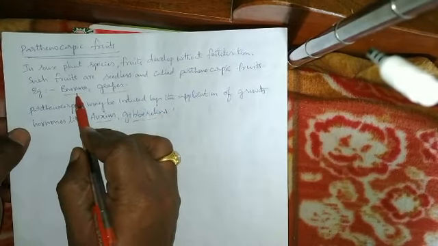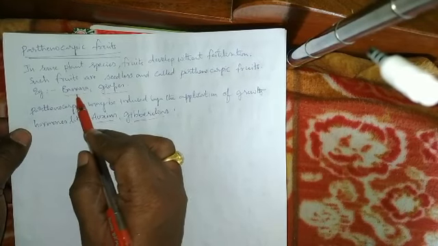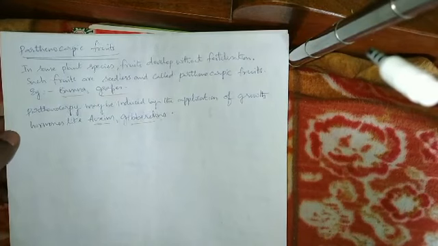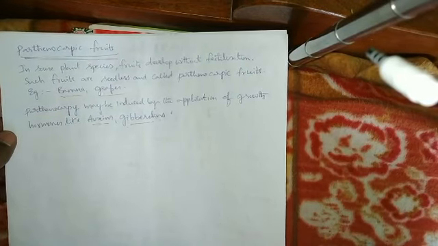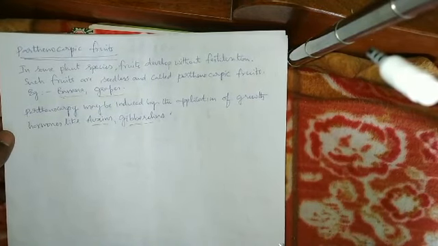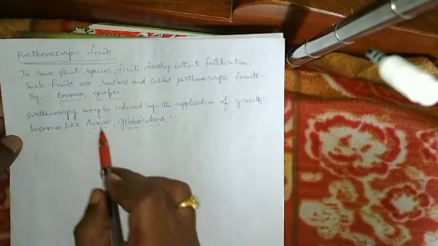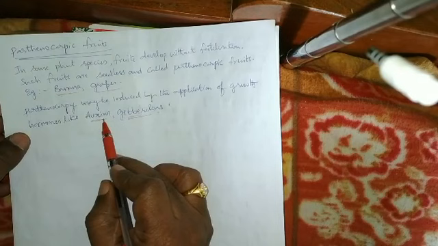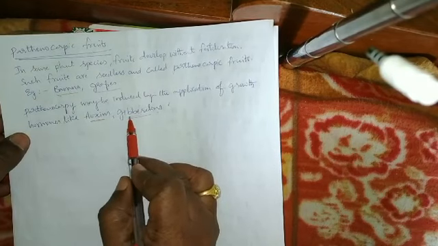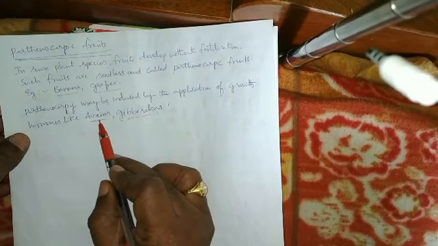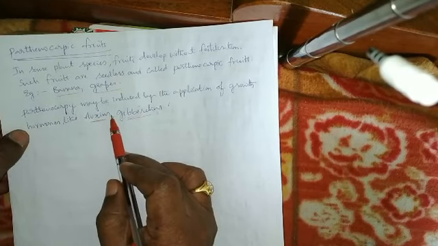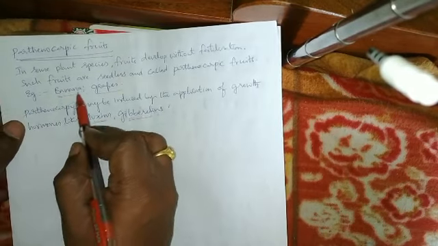Banana is a natural parthenocarpic fruit. If you want to develop a parthenocarpic fruit, we need to apply chemicals like hormones, auxin and gibberellin. When we apply auxin and gibberellin, we get seedless fruit. Those are called parthenocarpic fruits.